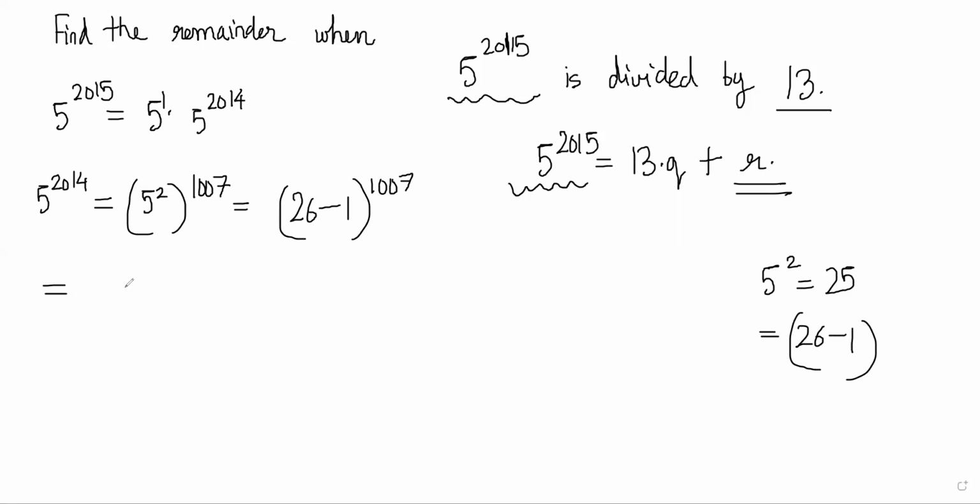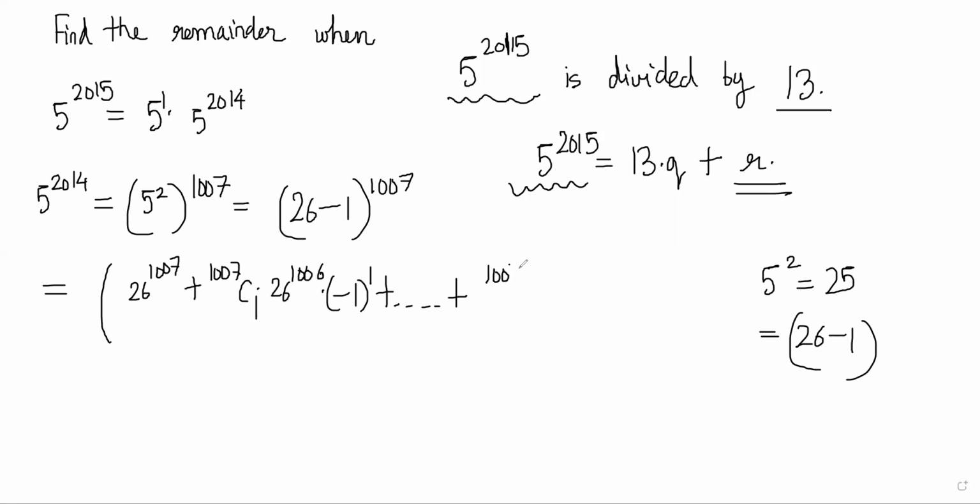So this series will have many terms. It will start off with 26 power 1007 and then it will be 1007 C1 26 power 1006 into minus 1 power 1 and so on, right? And then one term towards the end will be 1007 C 1006 and it will be 26 power 1 and minus 1 power 1006, right?